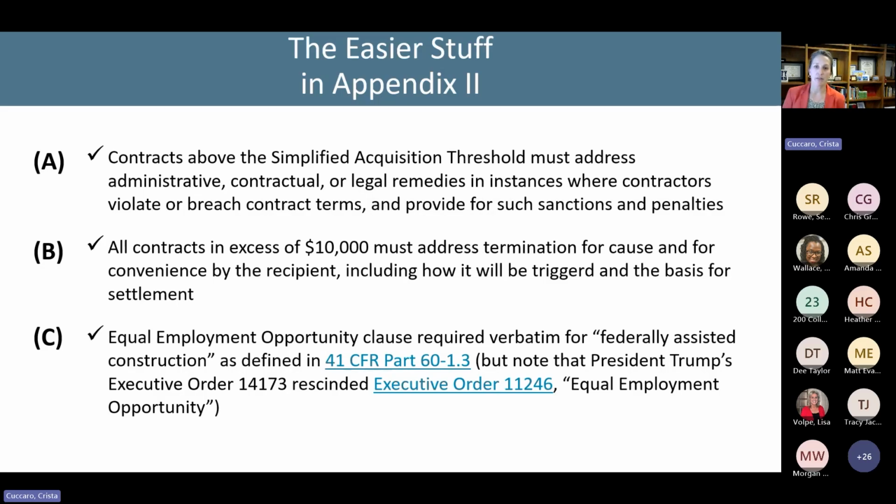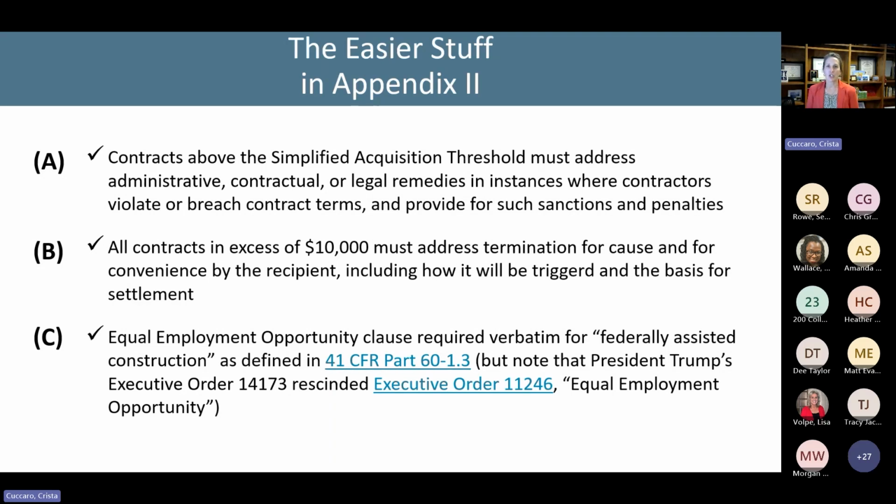Subsection C requires an equal employment opportunity clause for federally assisted construction contracts. It's required to be verbatim from a different part of our federal regulations. But one note here: President Trump enacted some executive orders that rescinded Executive Order 11246, Equal Employment Opportunity.